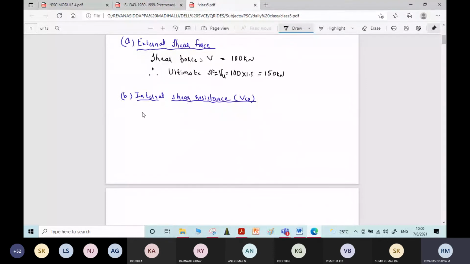Okay, VC naught, that is internal shear resistance, is equal to 0.67 B into capital D root of FT square plus 0.8 FCP into FT, which is given on page number 46 of IS 1343 1980.